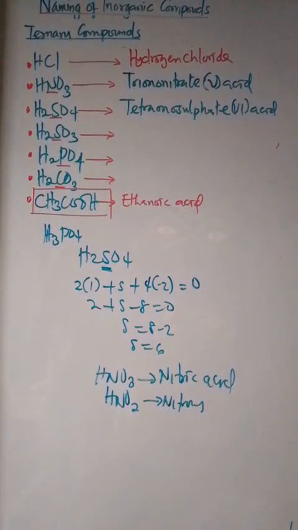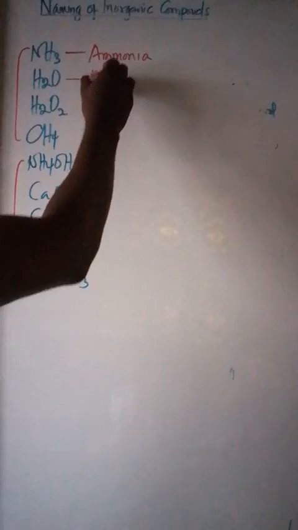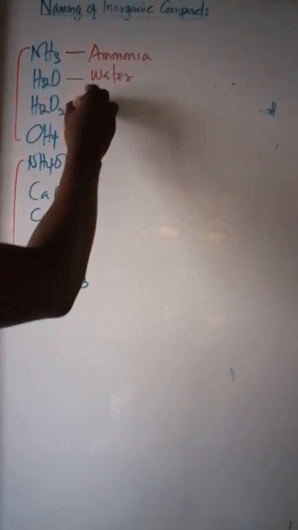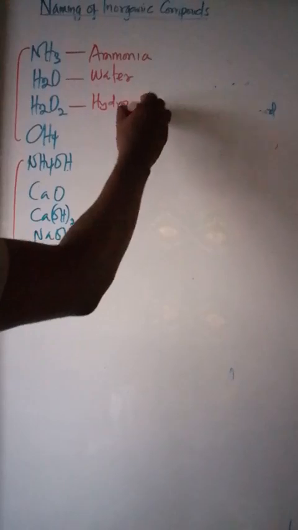Then apart from that, we now have important special compounds. You don't name them systematically, we just give them the names like that, which you have to take. This particular one is called ammonia. We don't name it. Ammonia. This water, we don't normally name it. For this one, hydrogen peroxide.